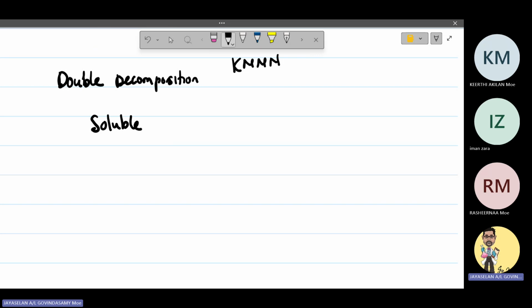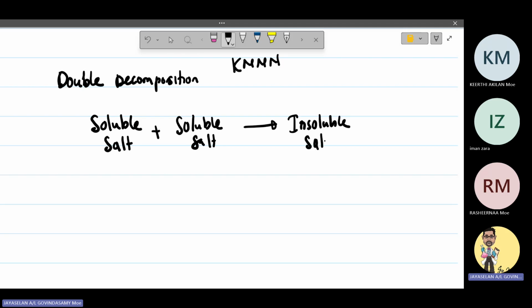You must have one soluble salt react with one soluble salt. The salt must not have hydrogen ion or hydroxide ion, it is a salt. Then you will get one insoluble salt, plus one soluble salt.